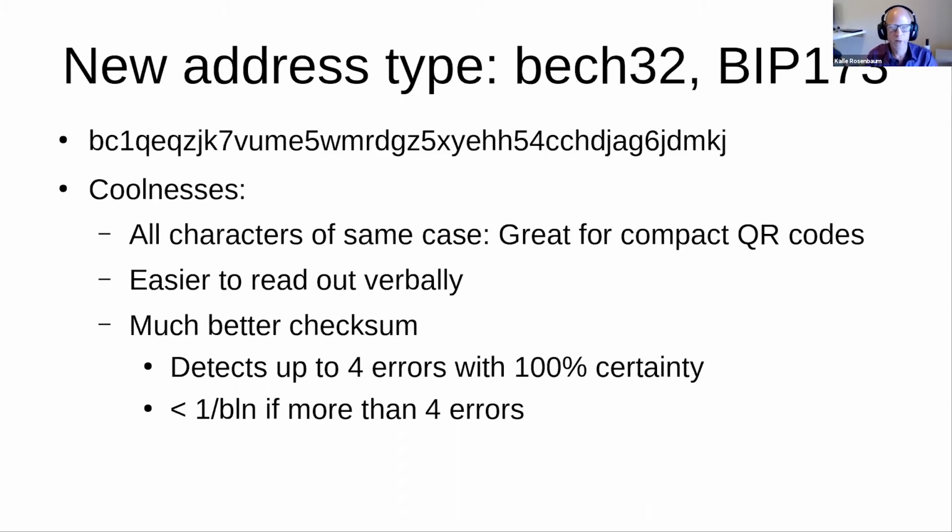So it's very safe to use these addresses, safer than the previous type of addresses. I encourage you to go in and read BIP 173 if you want to read up on the checksum algorithm. And to be honest, I don't fully understand it. So see that as a challenge.